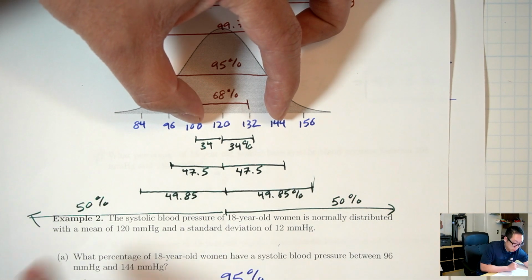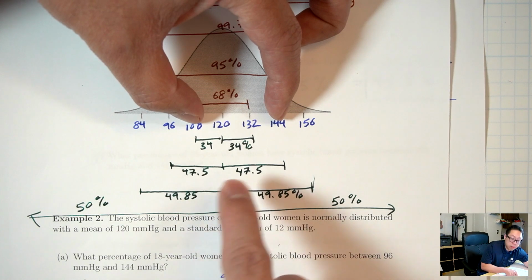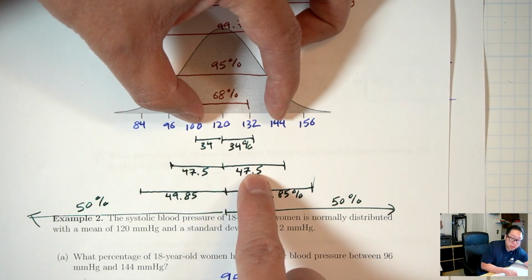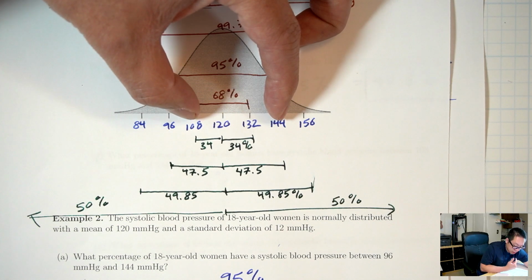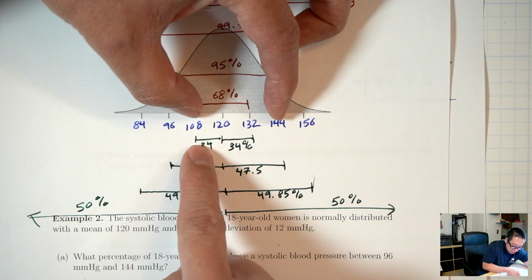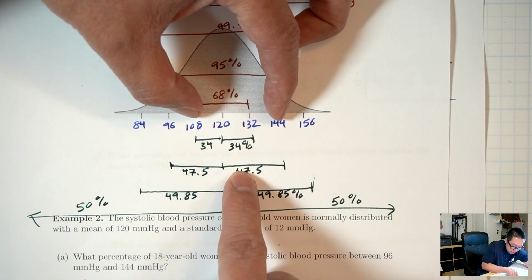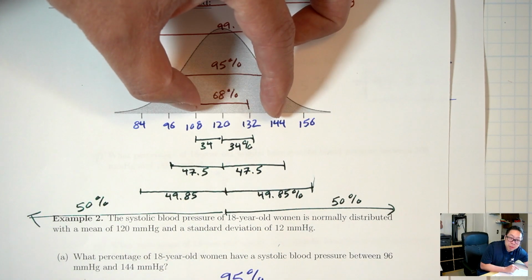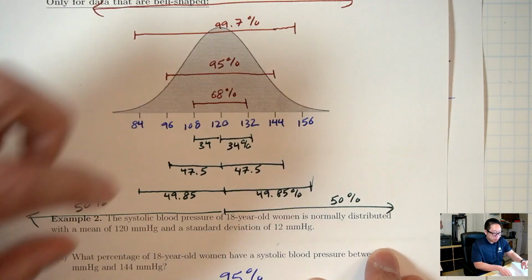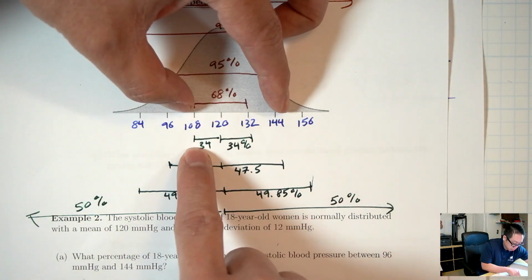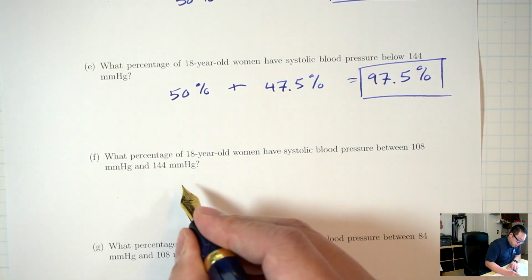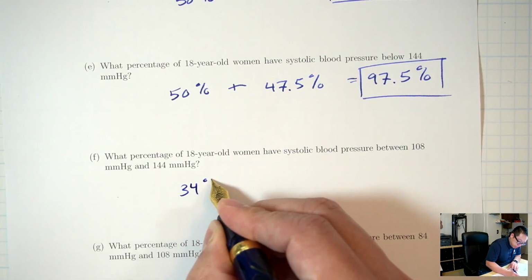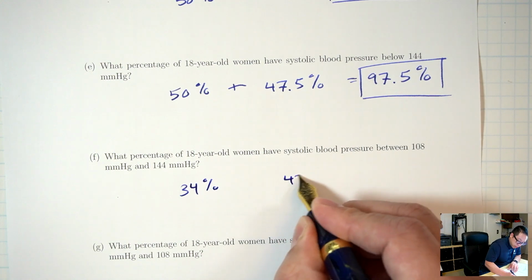So I know it should involve the 34 and the 47.5, so this piece and this piece. Do you add or do you subtract? Hopefully, by just looking at the picture, it's clear that you would add these two to get this piece. So let me write that down: 34, 47.5.